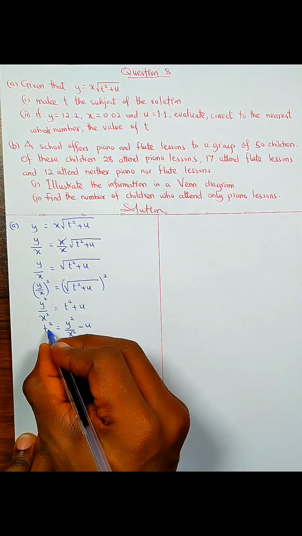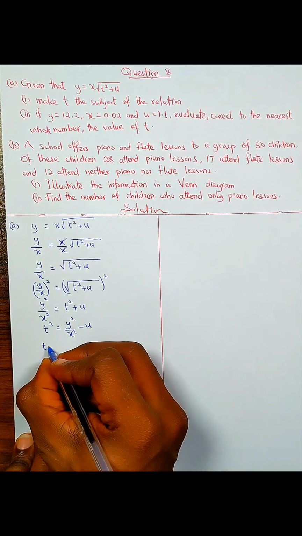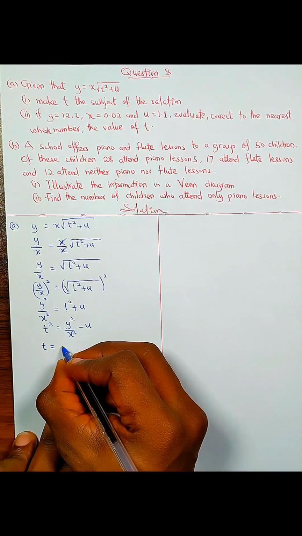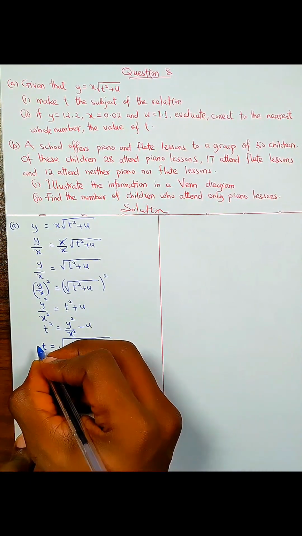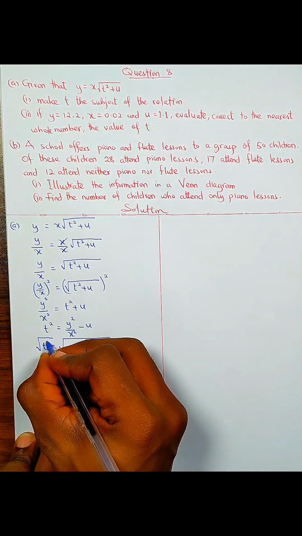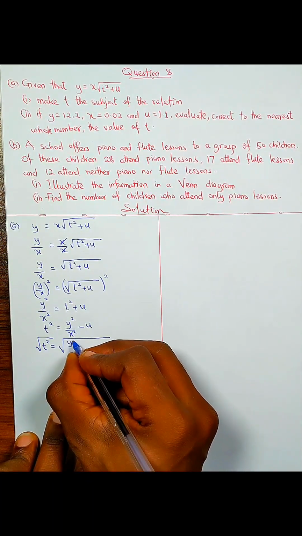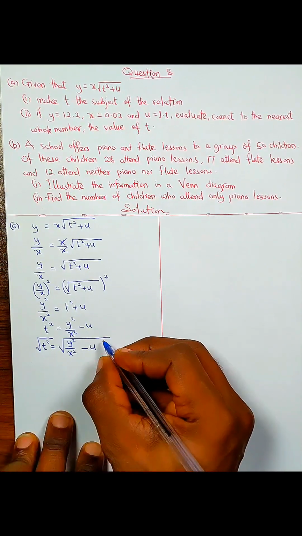Okay, we have to make t the subject. So square rooting both sides, you have t is equal to the square root of y squared over x squared minus u.